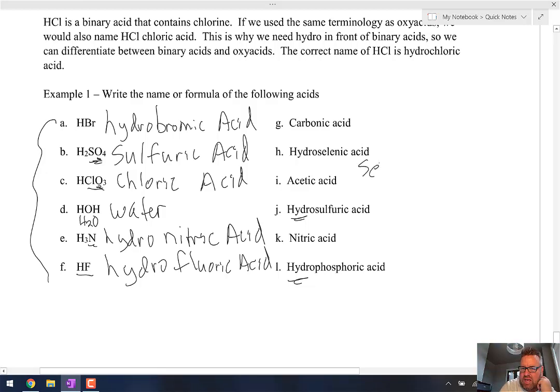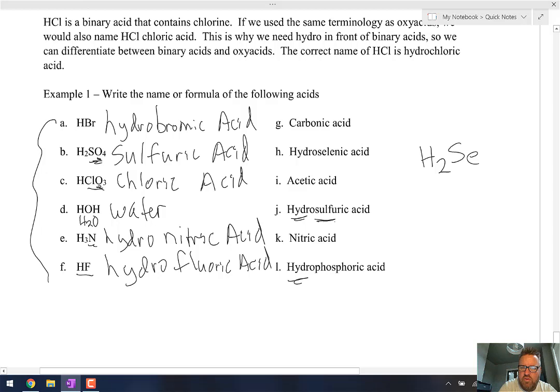So it's Se2-. Therefore, when we write the formula for that acid, we have to cancel out that -2, and so we write H2Se, and that would be the formula of hydroselenic acid.